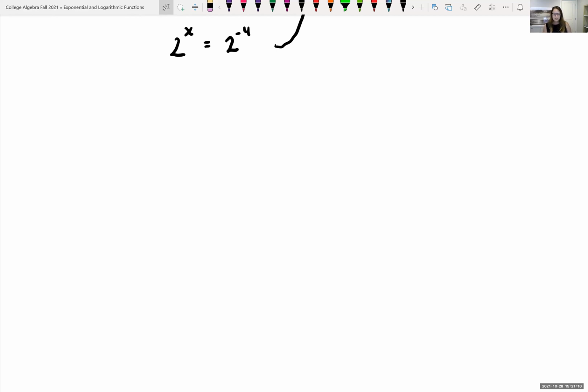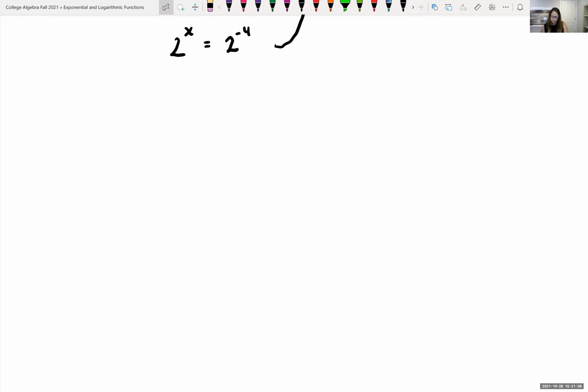Exponential functions a lot of times are representative of a lot of application problems. So let's look at the following example, and this is on drug medication. It says the function D(h) equals 5e raised to the negative 0.4h can be used to find the number of milligrams D of a certain drug in a patient's bloodstream h hours after the drug has been administered.